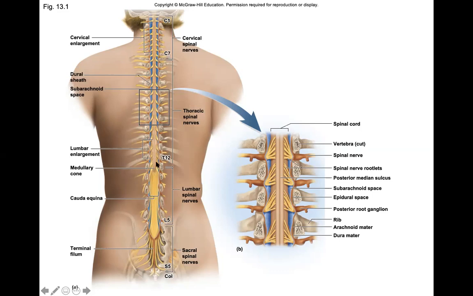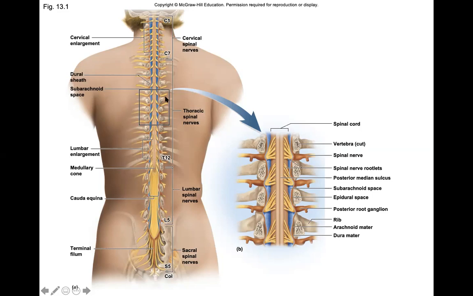From there on down, the nerves exit below their corresponding vertebrae. Below the T1 vertebra you have the T1 nerve, below T2 you have the T2 nerve, and from that point on, the nerves exit below their corresponding vertebrae.